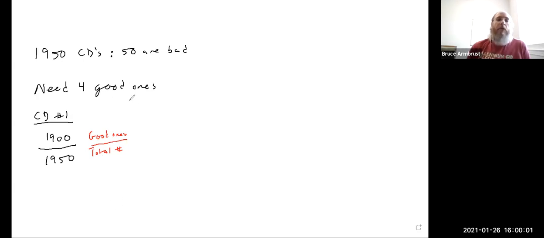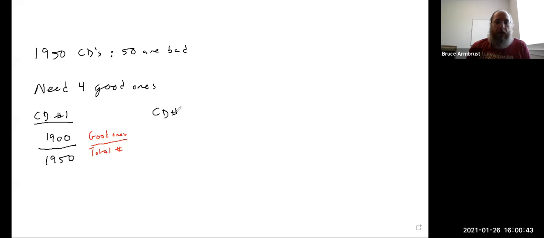If I was looking for the probability of getting a bad one, it would be 50 out of 1,950, because there are only 50 bad ones out of that total. So we do need that 50 number, but really we just need it to remove those bad ones to figure out how many good ones there are. So there's the probability that CD number 1 is a good one: 1,900 out of 1,950. So pretty likely that we're going to draw a good CD.